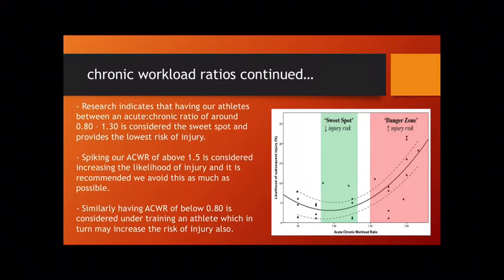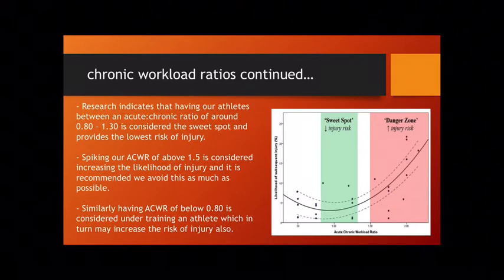Alright. So also, work by Tim Gabbett found that if we spike our training loads in week 1, we might not necessarily see the injury in week 1 or week 2. His research has shown that it could possibly be around week 3 or week 4 before we see the injury coming from that player.